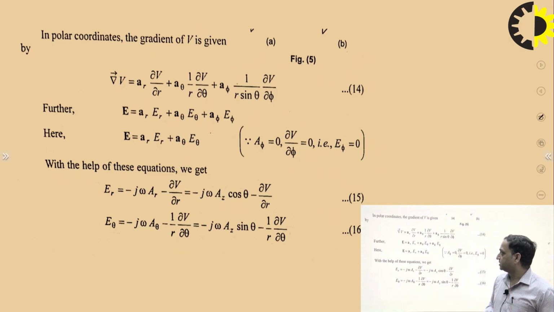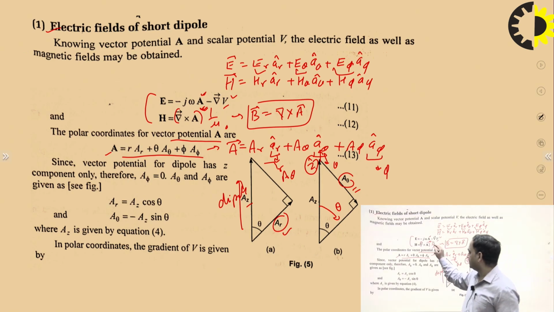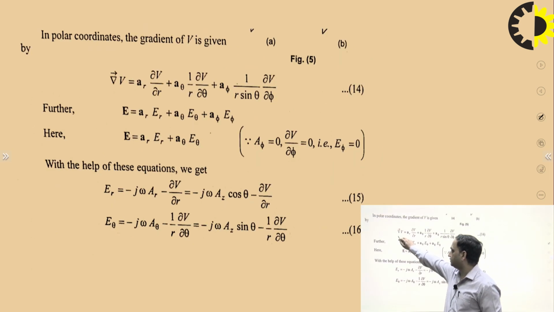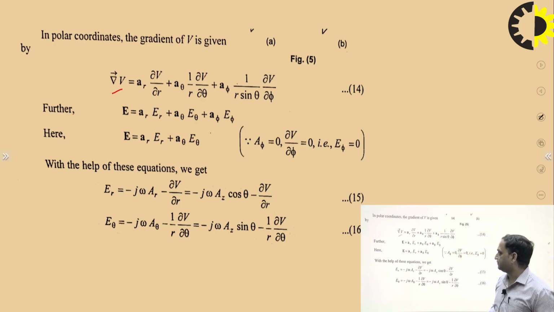So now we find the gradient of V, right? So what we are doing? We are taking the gradient of this potential, and then we will take the A and apply it with the j omega. So first we are taking the gradient of the potential in the spherical coordinate system. So this is the formula for that. Electric field, we are aware, because there is no E phi component. A phi is not there, so A phi is 0.